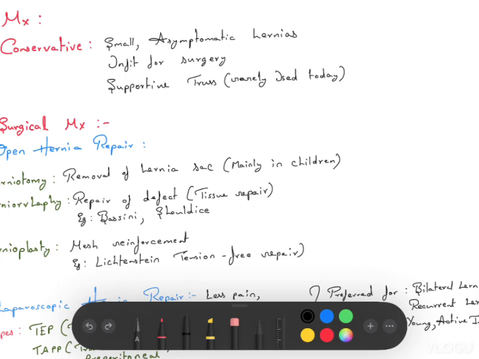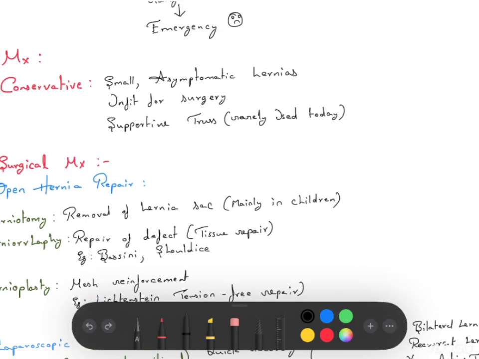This is appropriate mainly for small minimally symptomatic inguinal hernia, not appropriate for femoral hernia, strangulated hernia and obstructed hernia. In conservative management we can use a supportive truss. Very rarely nowadays it's used. Historically a truss was used for hernia, but currently it is rarely recommended because it does not cure the hernia, the patient can get skin complications, and it gives false reassurance.